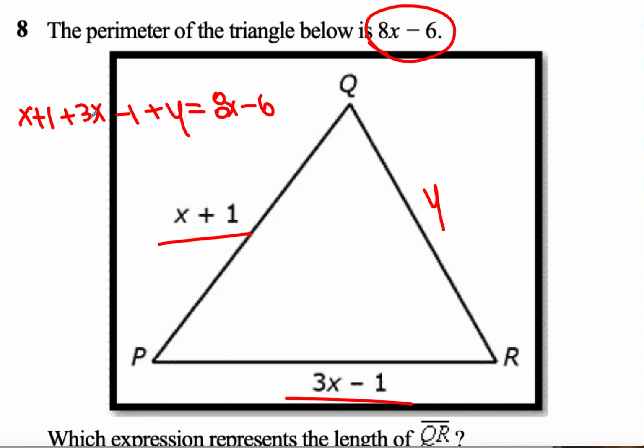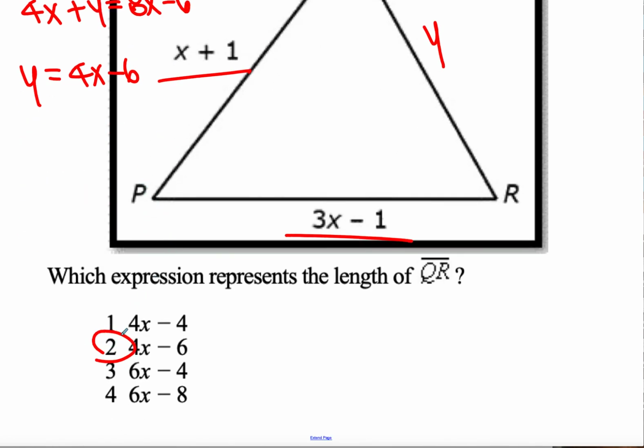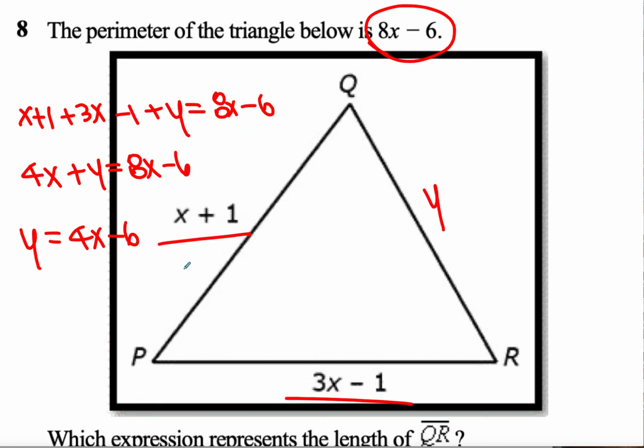So if I combine the left side here, I get 4x. 1 and negative 1 cancel away. Plus y should be equal to 8x minus 6. So when you subtract 4x, y should be equal to 4x minus 6. Choice 2 becomes the answer.